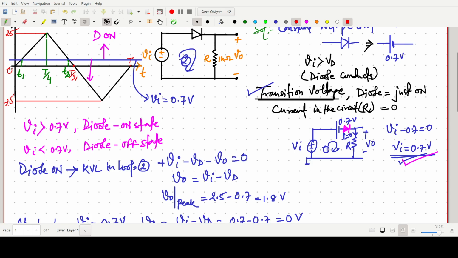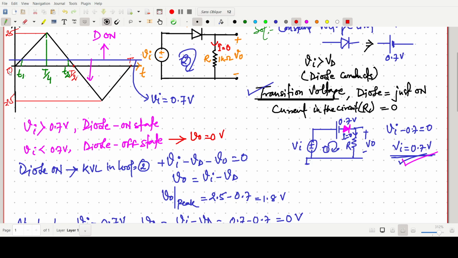Below this point, the curve starts when the diode is off. When the diode is off, open circuited, V naught will be simply 0 volt. Is it clear?